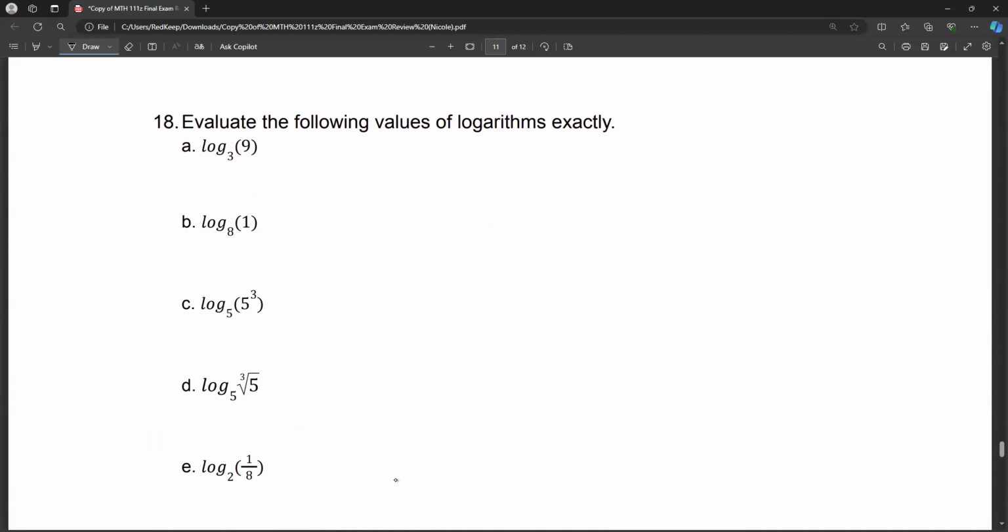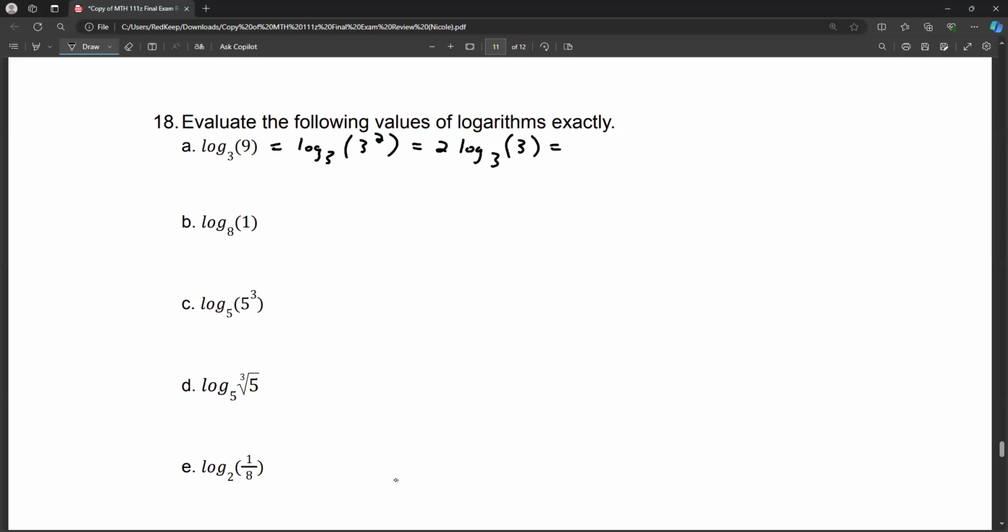So right away on this one, I would probably want to observe that 9 is equal to 3 squared. And knowing I can bring down the exponent as a coefficient, that's a property of the logs.